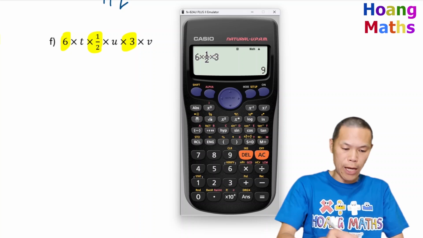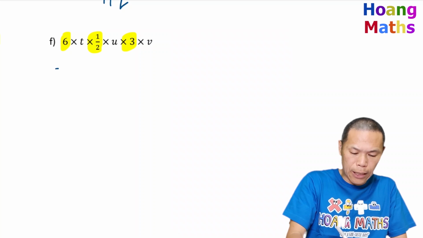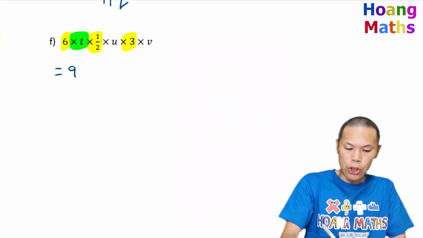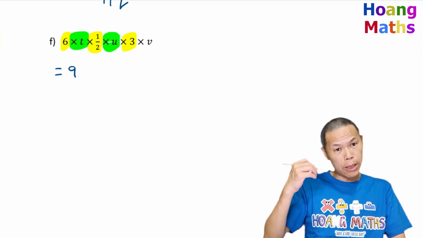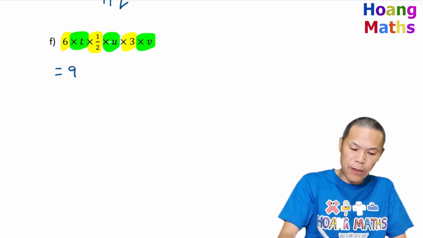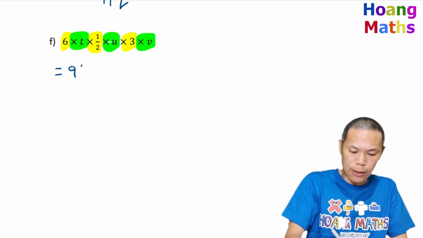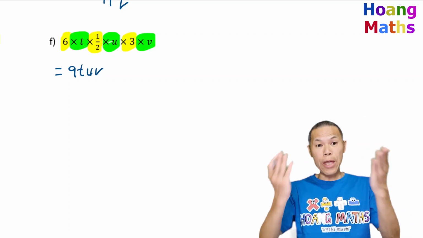So there you go. The answer is 9. So that is equal to 9. And we have T times U will give me TU. And times V, so TUV. Remember that, okay? So TUV. There you go.